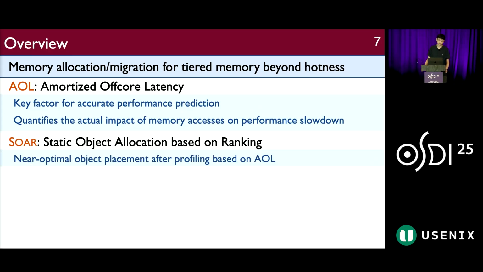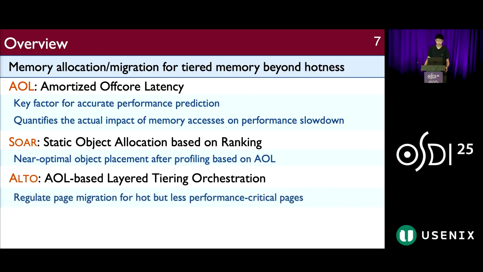For allocation, we perform offline analysis to identify performance critical objects and place them on the fast tier. By ranking the objects based on their contribution to performance, we are able to get near optimal results. AOL can also detect the time periods when pages are accessed frequently but not giving a high slowdown. So we can apply AOL on existing tiering systems to regulate page migration to achieve better performance.